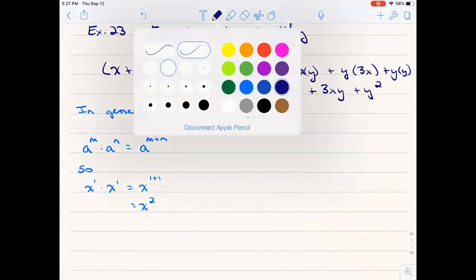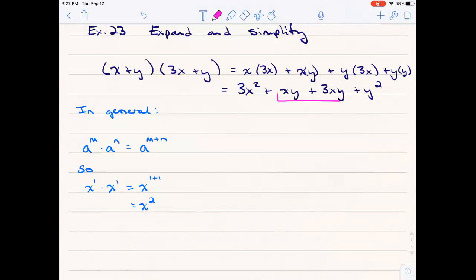I can collect these terms and say, well, that's 3x squared plus 3xy plus xy is 4xy plus y squared. We know we're done because there's nothing else I can do. I can't collect any more like terms, right? I've got an x squared term, I've got an xy term, and I've got a y squared term. Never the two shall meet. And so we're done, right?